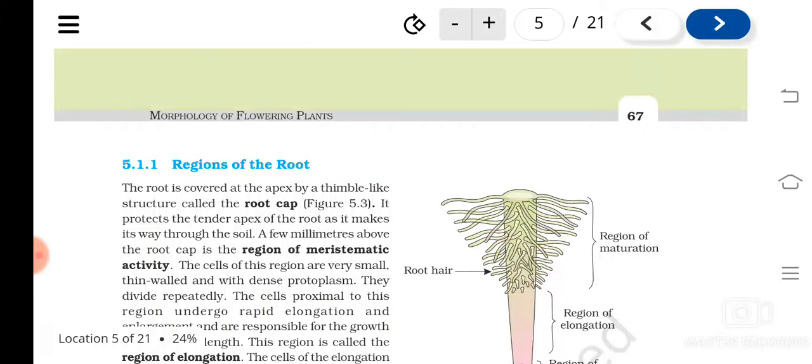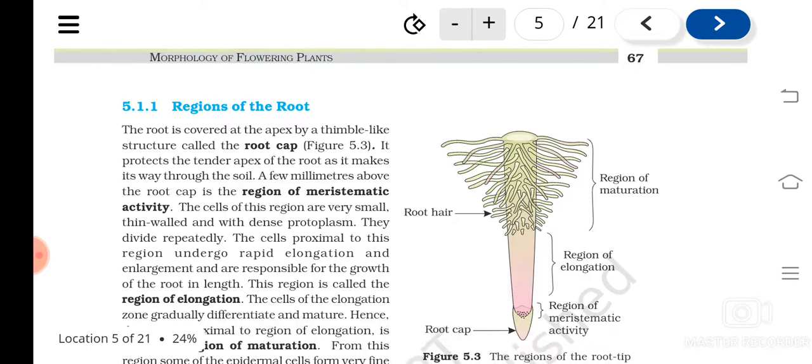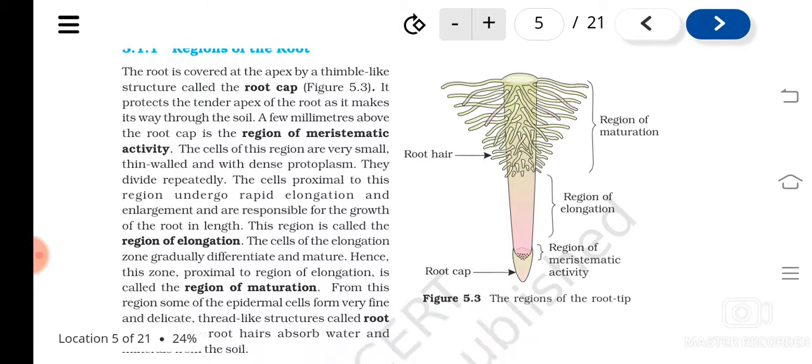Okay, if you see the parts of the root, there will be the root cap. Then just below that, there will be a region of meristematic activity, where active cell division takes place. Just below that, there will be a region of elongation where the newly formed cells get elongated.